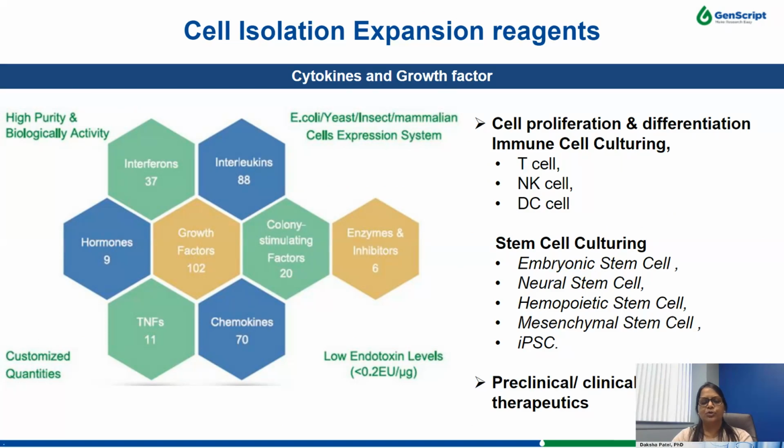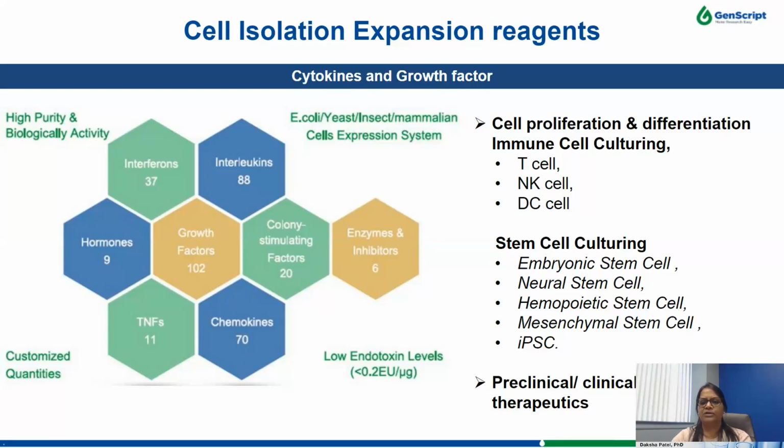So cytokines and growth factors are also among the essential reagents, and T-cell therapy requires growth factors to expand, which are provided by the media or by the serum. One of the useful growth factors is IL-2, which binds its receptor and promotes T-cell expansion.